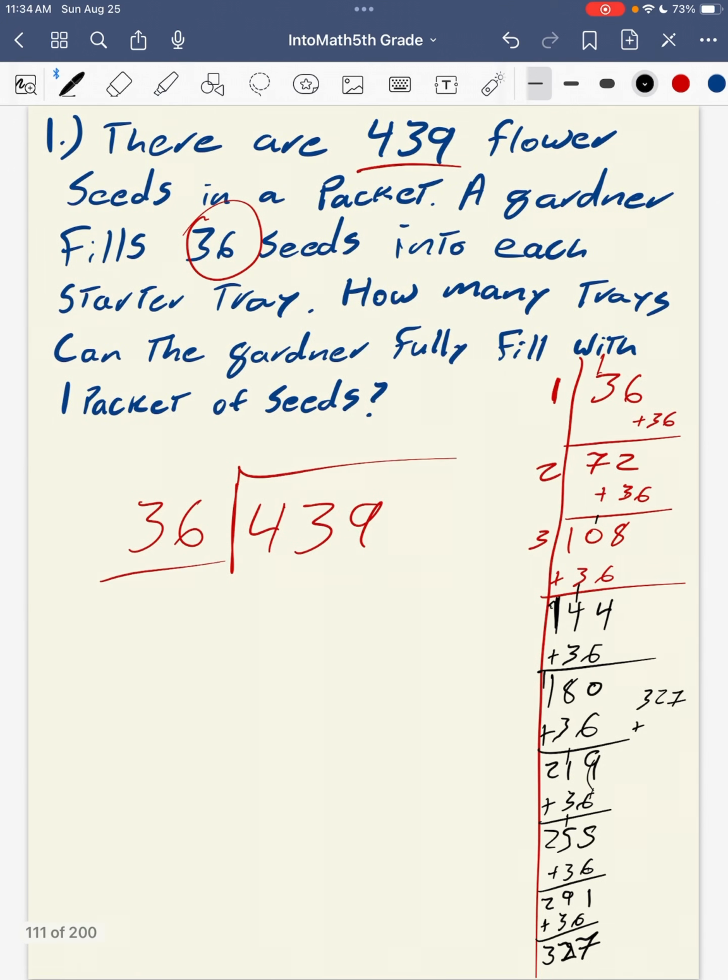Did I get a 7 there? That's 11. Yep. Okay. Plus 36.